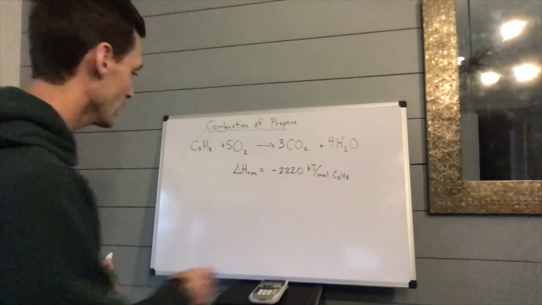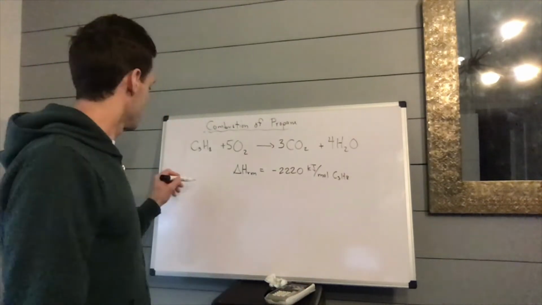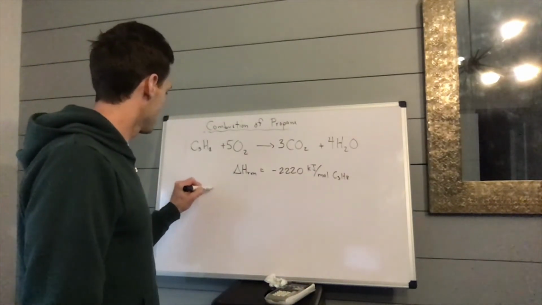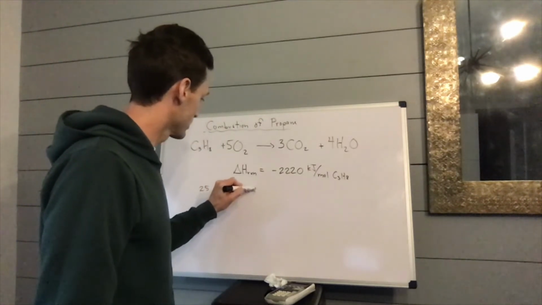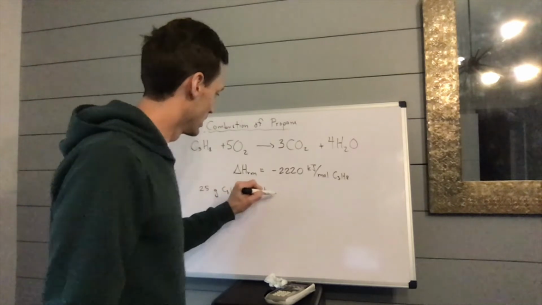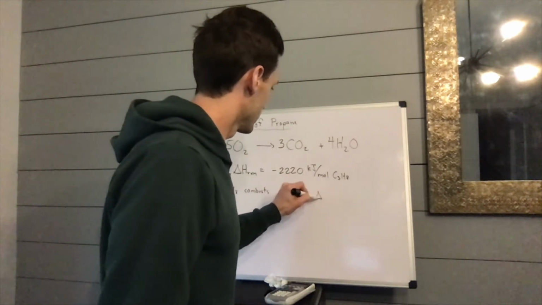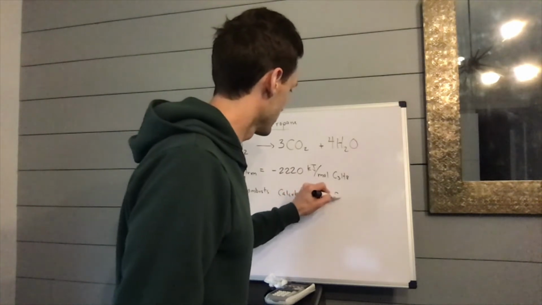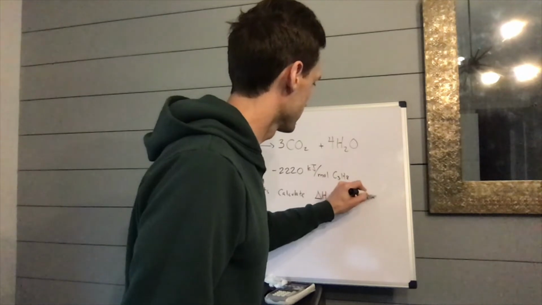Okay? So let's see how we would do a problem. Let's say we have 25 grams of propane that combusts. Let's calculate delta H for this reaction.